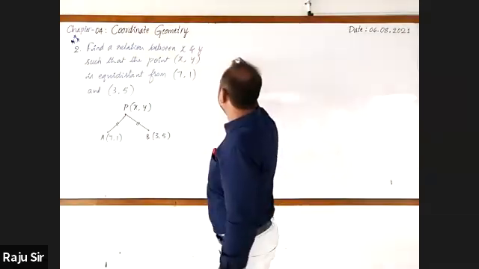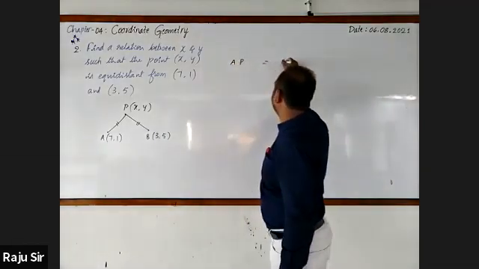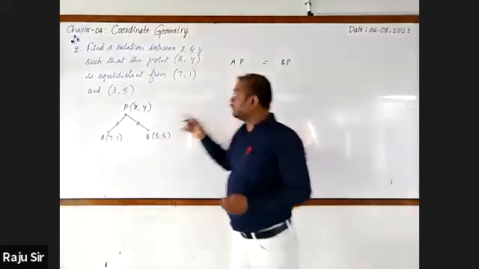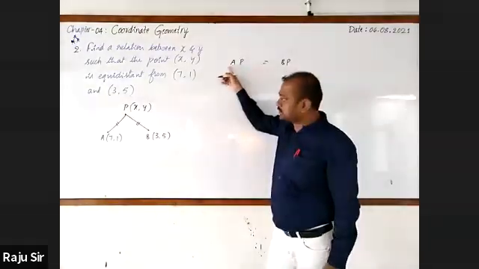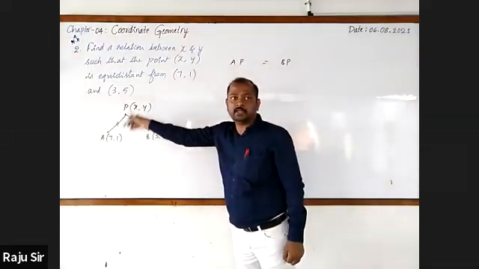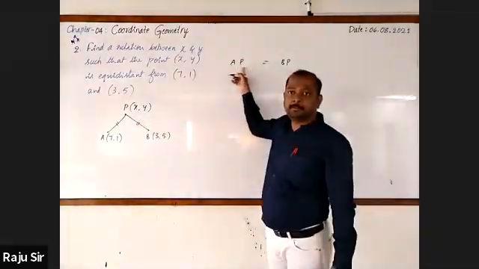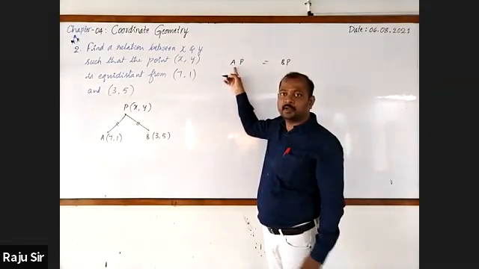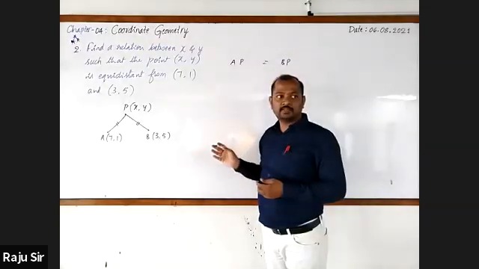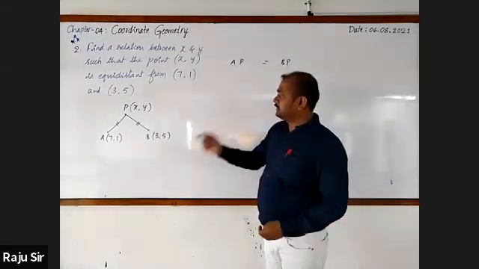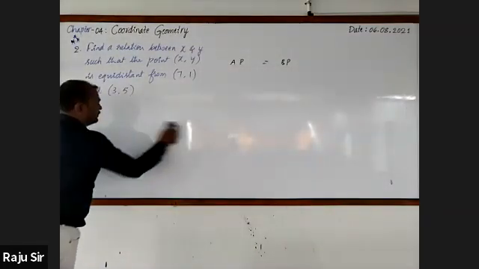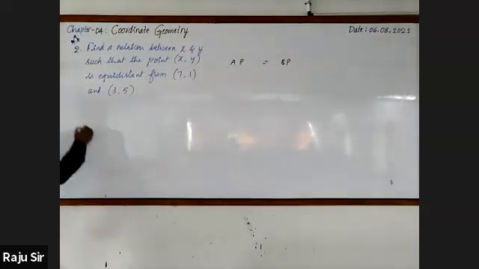If so, can we write AP equal to BP? Yes, sir. We know the coordinates of A as well as P, so can we find out AP, the distance between A and P? How? Distance formula.